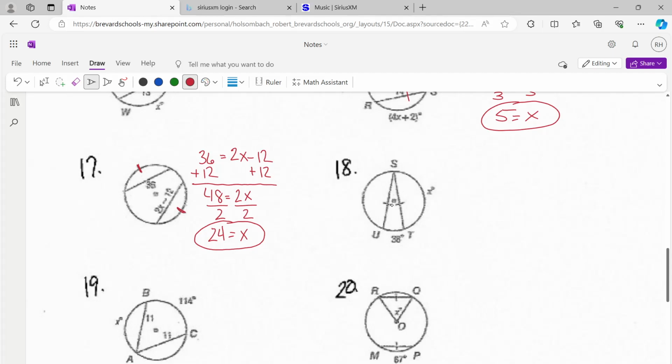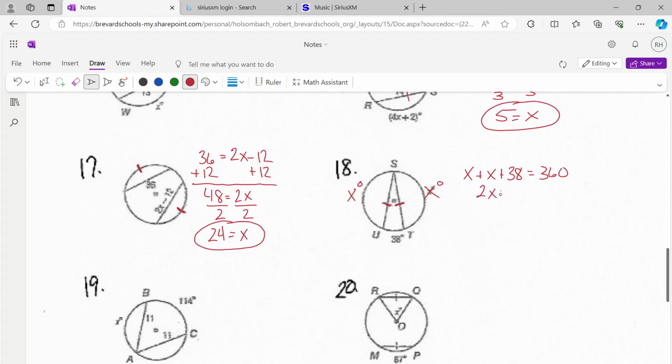All right, in problem number 18, we've got two congruent chords again. We've got arc ST that's equal to x degrees, which makes arc SU equal to x degrees. Well, obviously we can't write an equation that says x equals x, but there's three arcs in this picture, and those three arcs need to sum to 360. So our x plus our x plus our 38 is equal to 360.